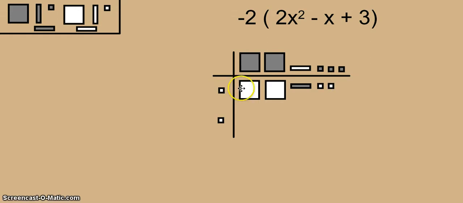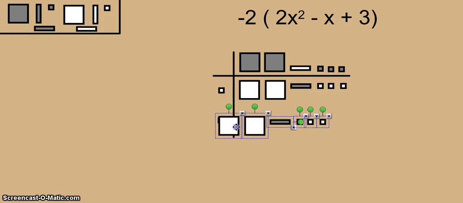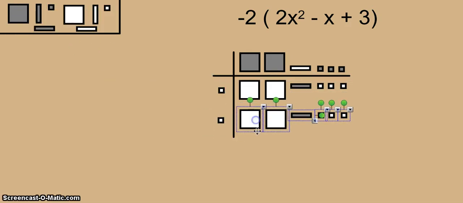And finally, negative 1 times positive 1 is another negative unit tile. Again, we must multiply the constant term negative 1 by the trinomial 2x squared subtract x plus 3. And when we do that, we get another identical row.